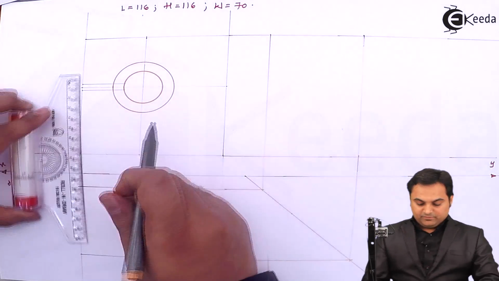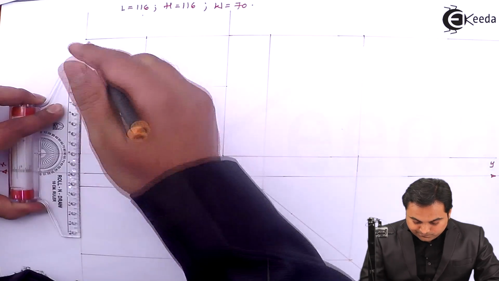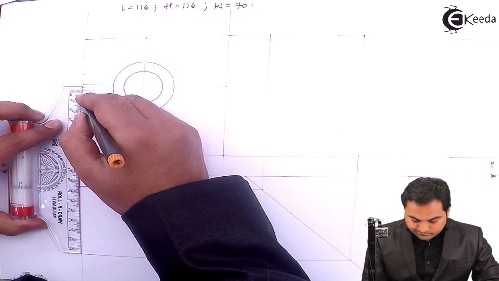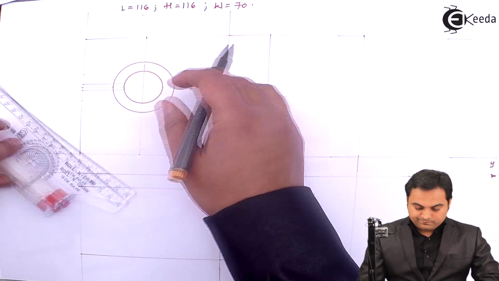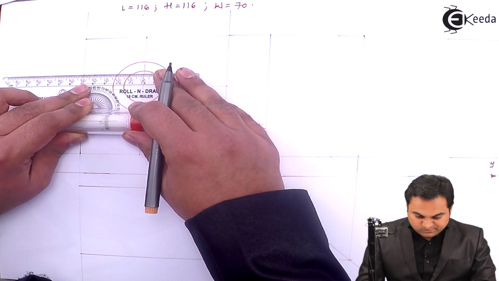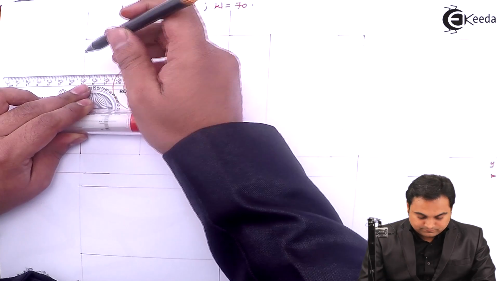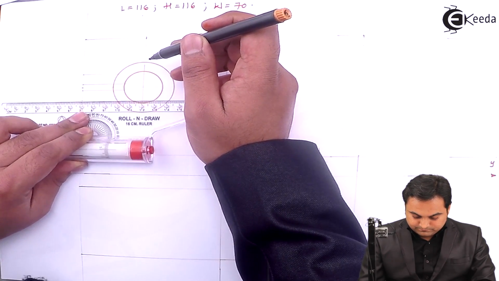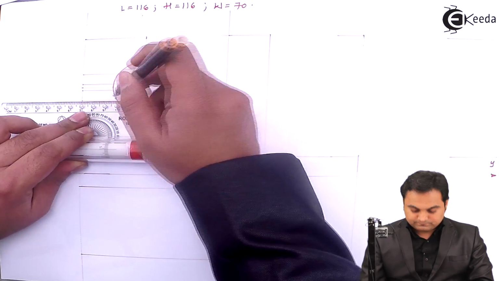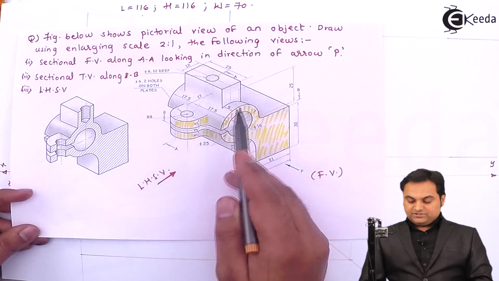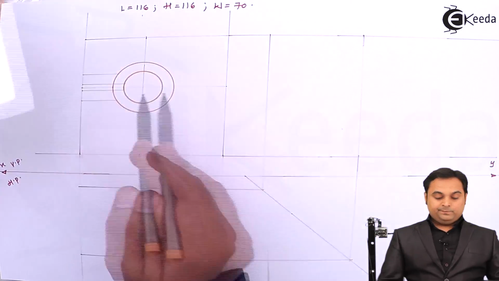So measuring 10 on one side, 10 on the other side, drawing light horizontal lines. Because these two lines are touching the circle, like here.